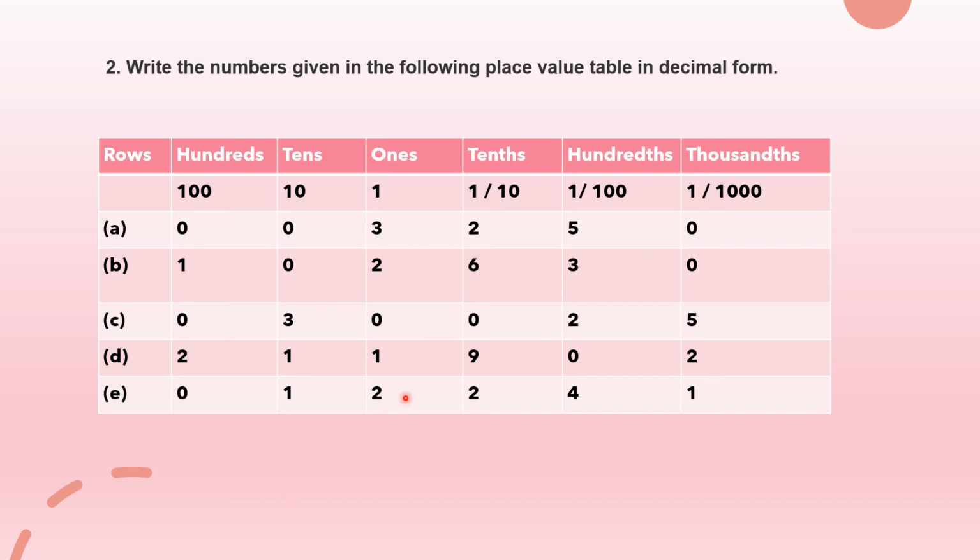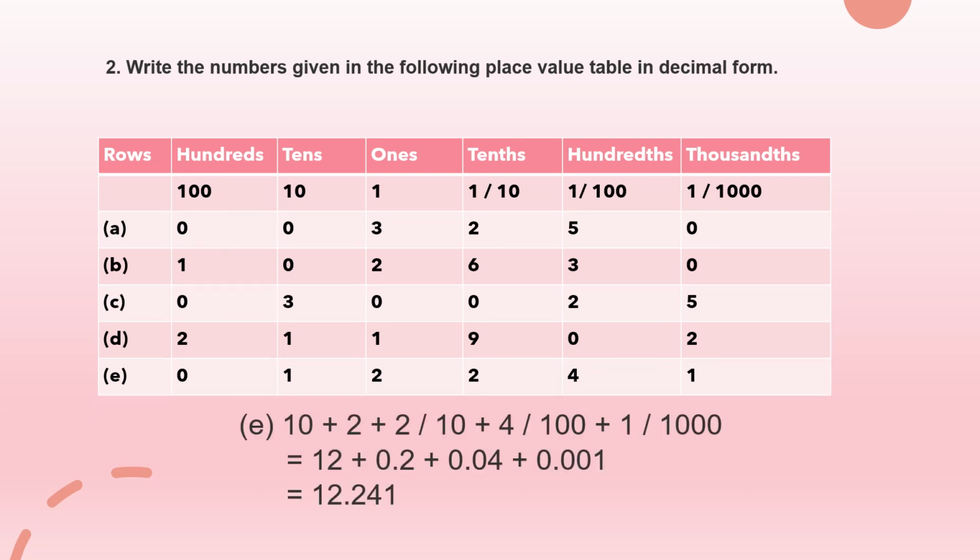So here in D the point will come here. Everywhere the decimal will come in between ones and tenths. Okay. E: 12.241. So let's see the answer, 12.241.